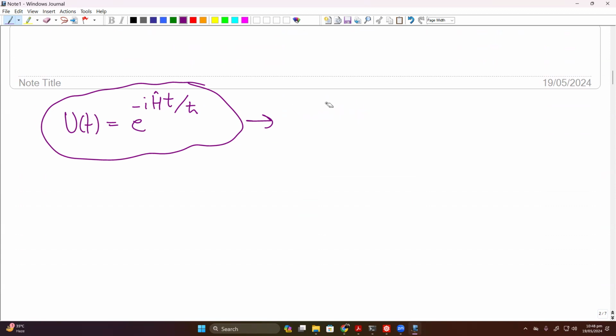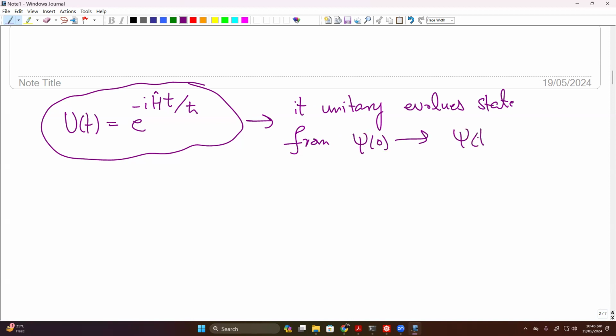It rotates the state, it unitarily evolves the state from some initial time, let's say 0, to some final time.